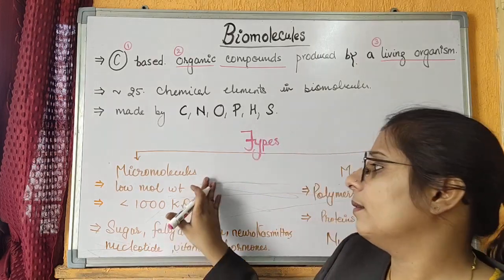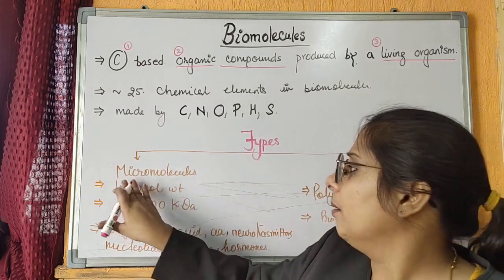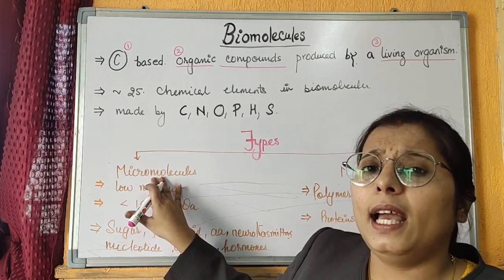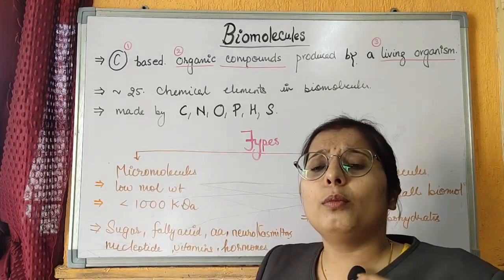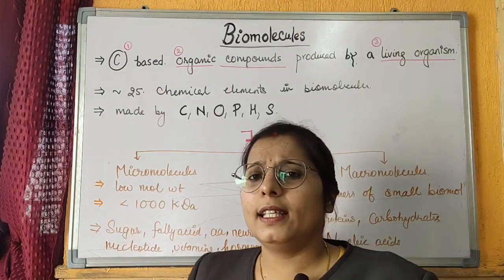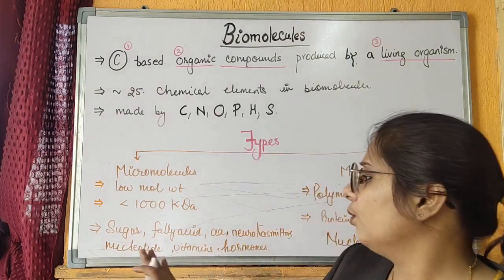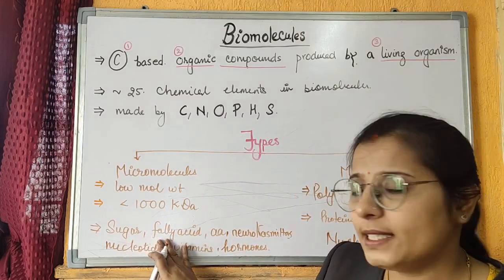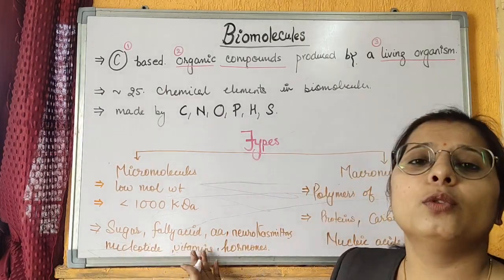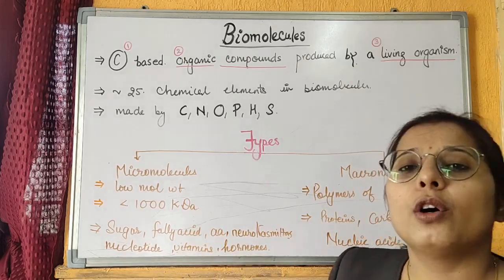The first one is microbiomolecules. Microbiomolecules are molecules that are micro in size and have a low molecular weight, less than 1000 kilodalton, and they are smaller in size. They include sugar, fatty acid, amino acid, neurotransmitters, nucleotide, vitamins and hormones.